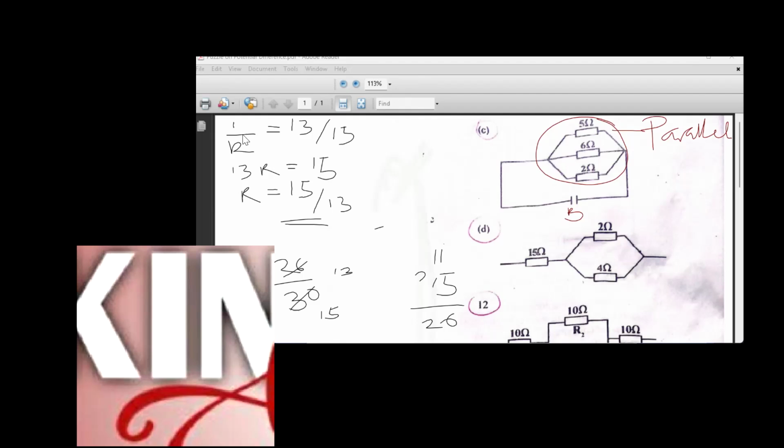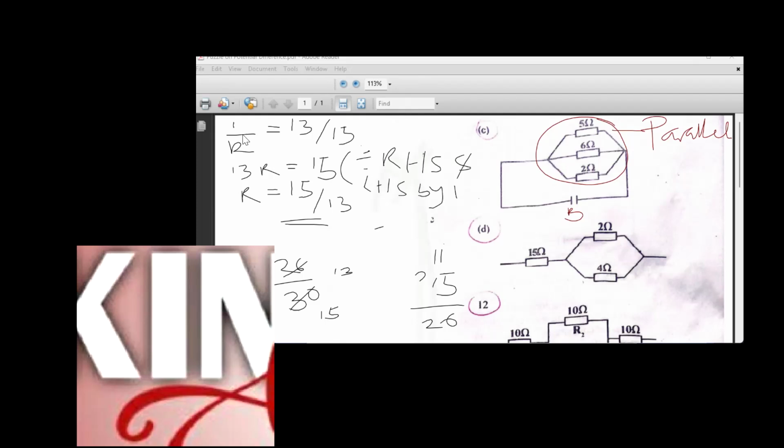So we're doing that in a jiffy. But remember what I did here: at this point, I divided both sides by 13, the right-hand side and the left-hand side.